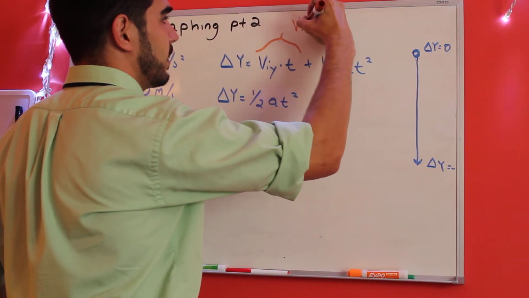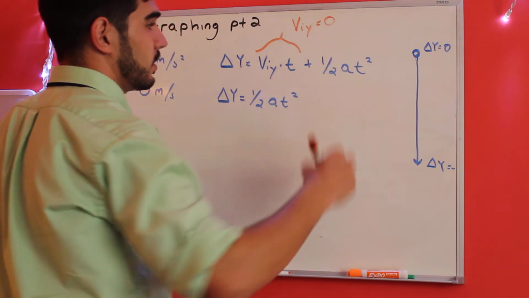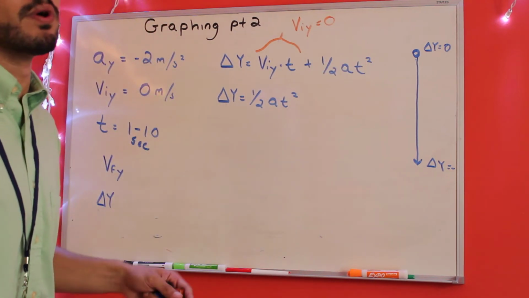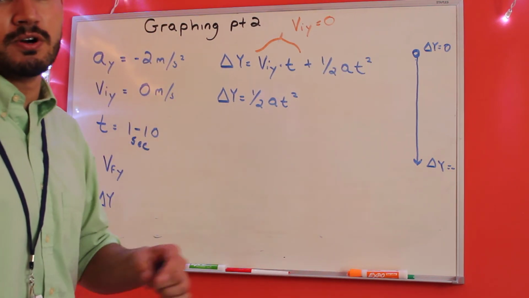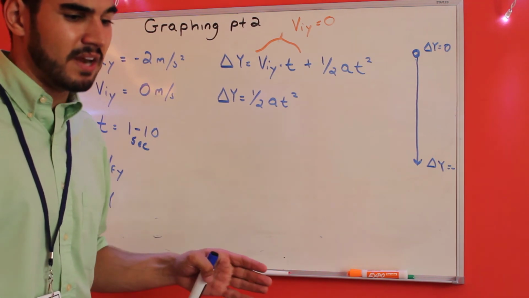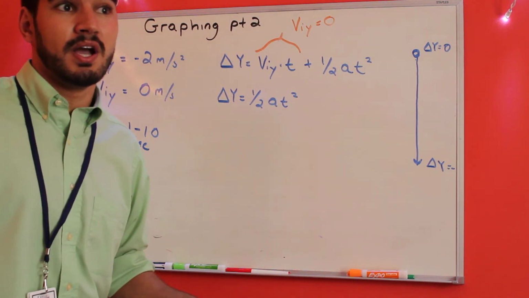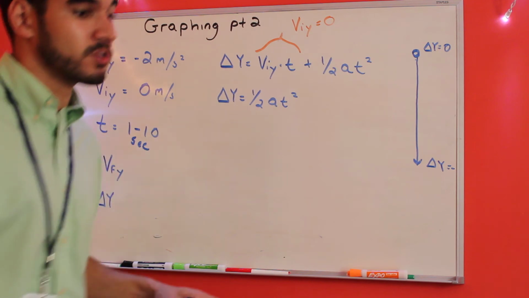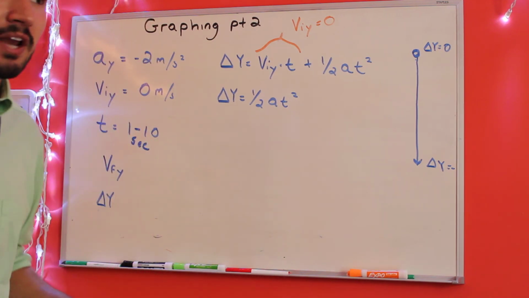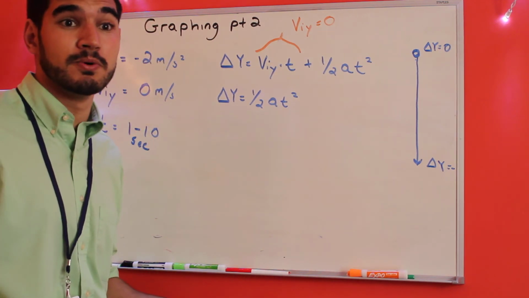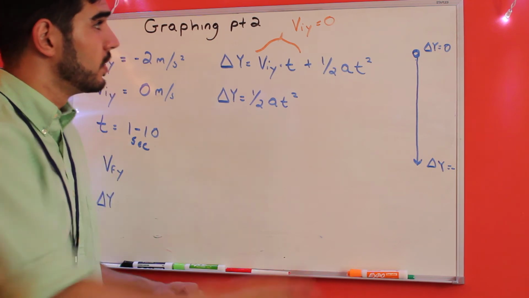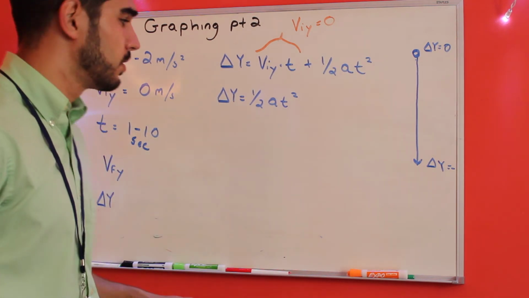But if viY equals 0, then you can just ignore it, because anything multiplied by 0 is 0. And this would be anything dropped out of an airplane, anything kicked in the horizontal direction off a cliff, anything where your Y direction is presumably starting at a 0 velocity, you can make that 0.